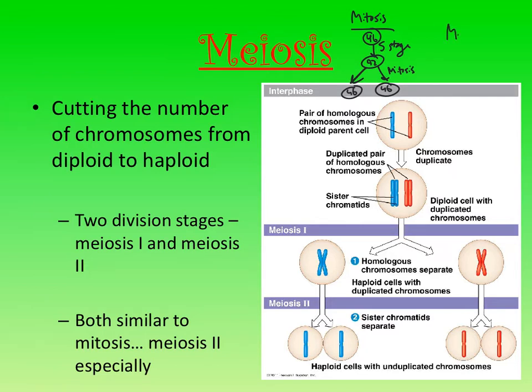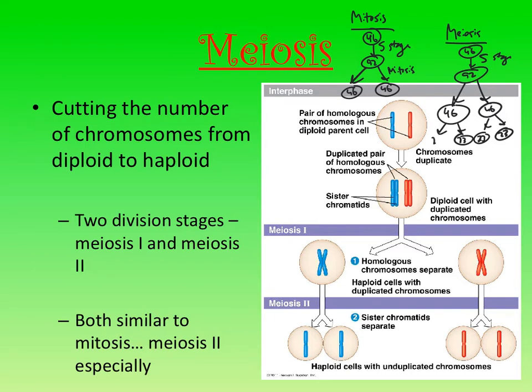Well, meiosis is going to start pretty much in the same way. Right? We start with a cell that has 46. It also undergoes interphase, so S stage and get up to 92. But now, remember, our goal in meiosis is to create cells that have half of the genetic complement.